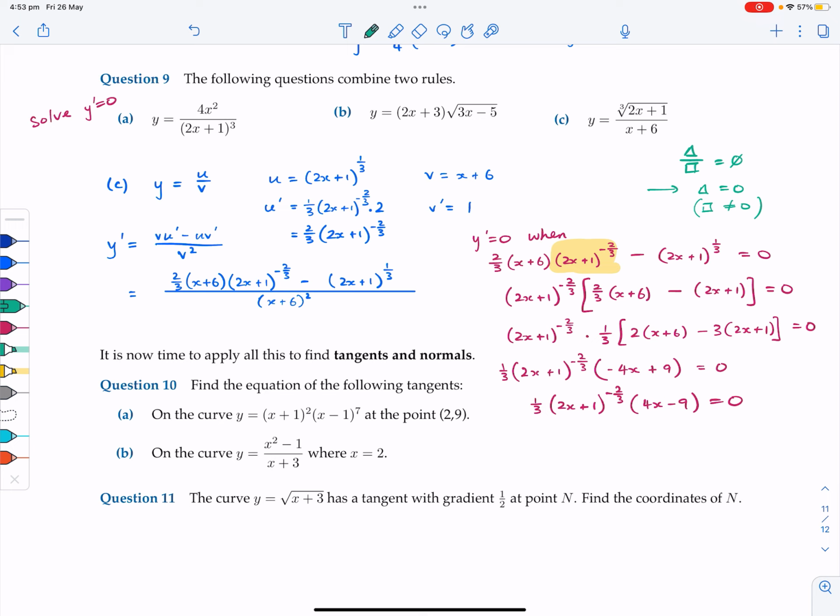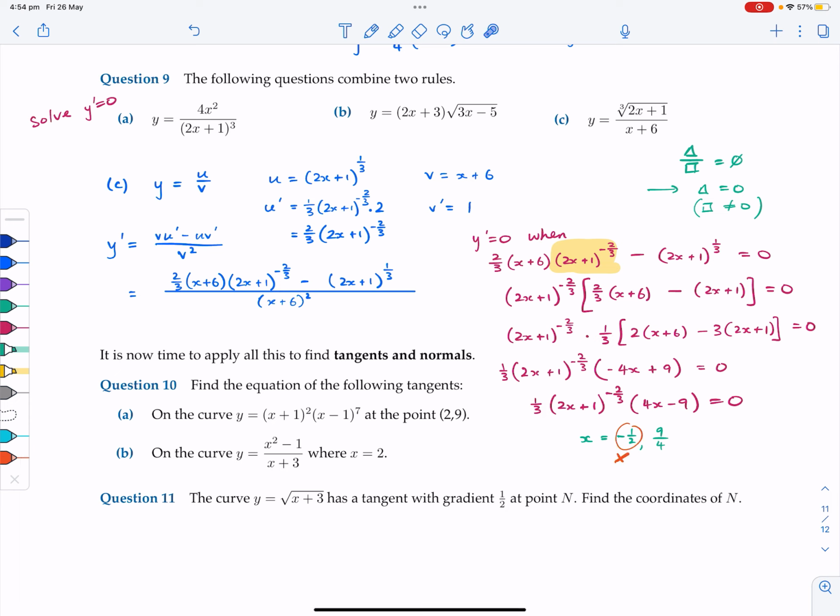And now, what happens when we've got a factorised thing equals 0? Well, we can just go through and go, right, so either that equals 0 or that equals 0, right? So that would give me x equals negative 1/2 for the first bracket, or 9/4 for the second bracket, right? Wrong. So this one here is a no-no, right?